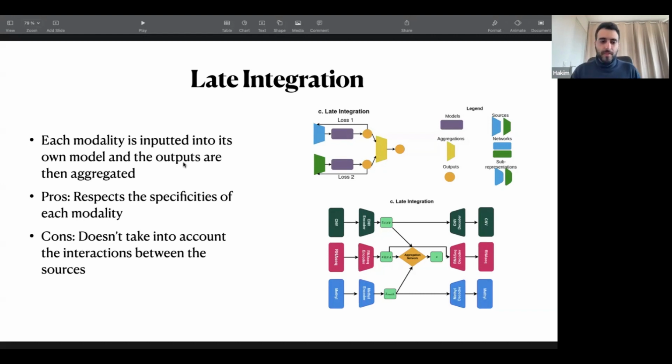But the problem, again, is that it doesn't take into account the interaction between the sources, because we actually don't learn the representation jointly. So we may overlook some signals that are purely about the interaction between two different sources.